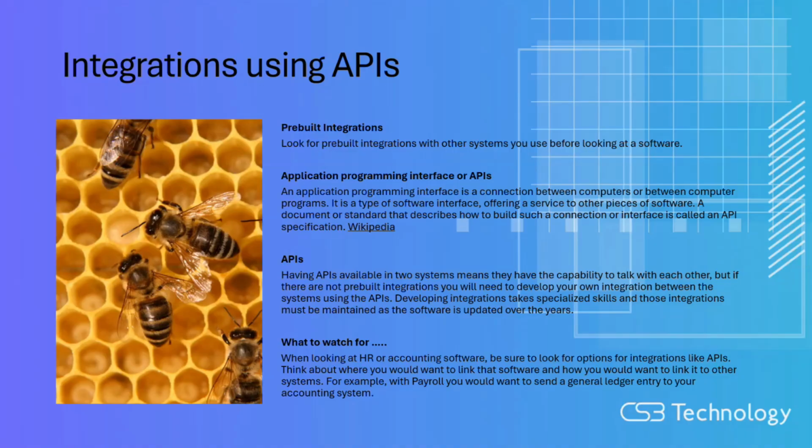But if you don't have pre-built options available, custom integrations can be developed, but keep in mind they require specialized technical skills and ongoing maintenance as software updates occur in both systems. So it's something to keep in mind when you're evaluating software. How does it link to your existing systems?